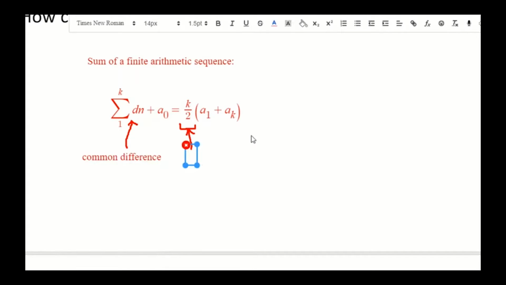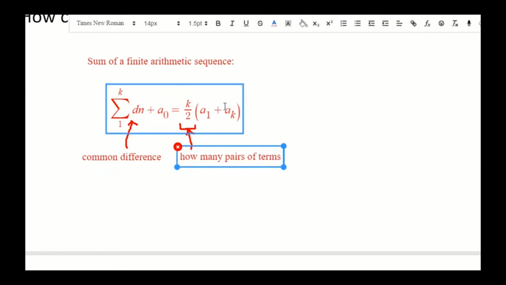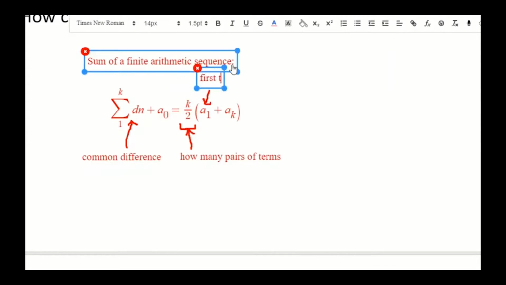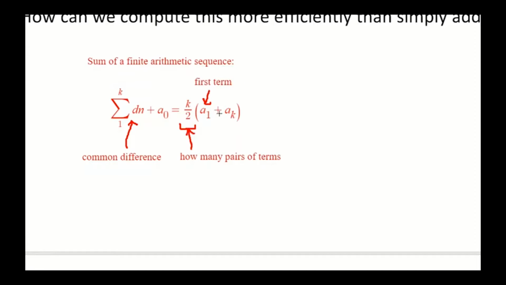So this is how many pairs of terms, half of the number of terms. Like if you have 100 socks, you have 50 pairs of socks. And then we're going to multiply that by the sum of the first term and the last term.